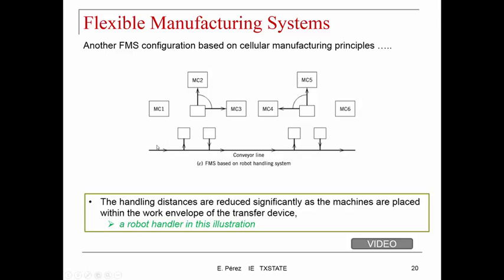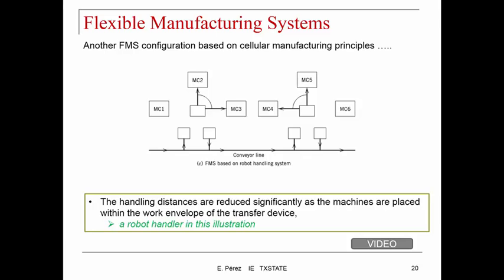And then you also have a conveyor line at the bottom. That means once you're done processing those parts in, for example, cells 1, 2, and 3, you can put them back into the conveyor line and move them in case you need to process them on the next cells, or if you need to send them back to your warehouse.